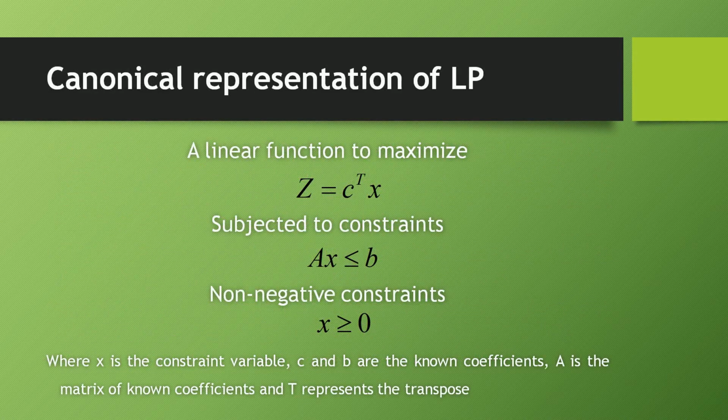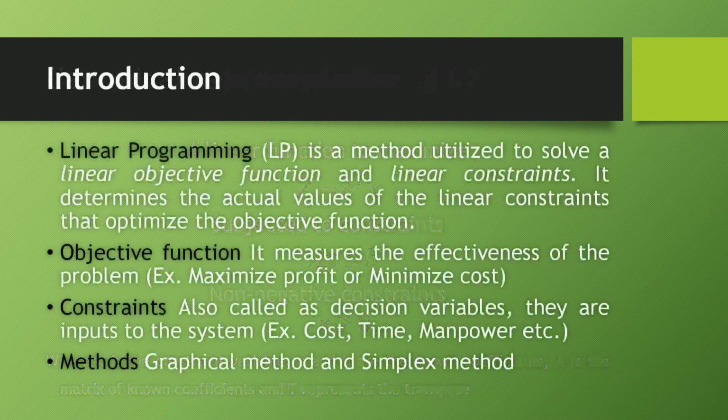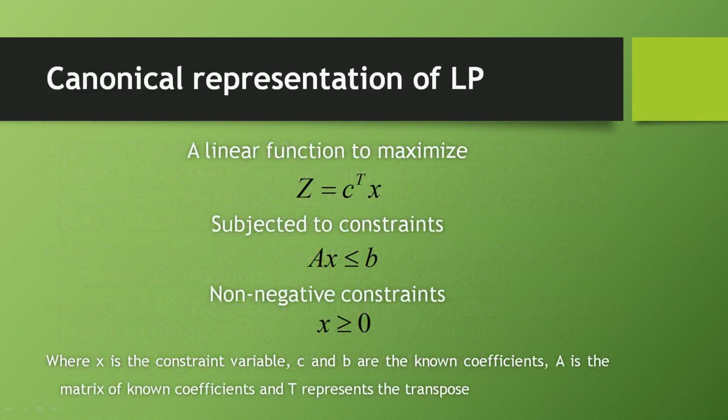The canonical representation of linear programming. As explained earlier, it needs an objective function and it needs constraints. The objective function which we have to maximize can be represented as z equal to c transpose x, subject to the constraints Ax less than or equal to b and non-negative constraints x greater than or equal to 0.